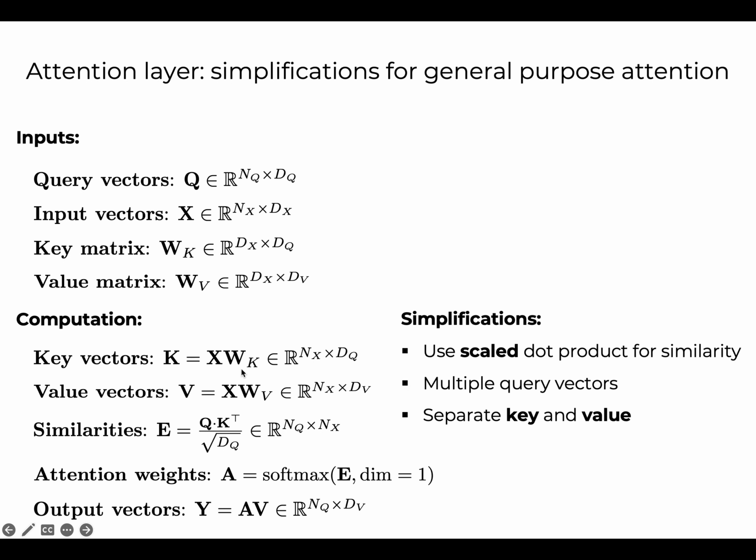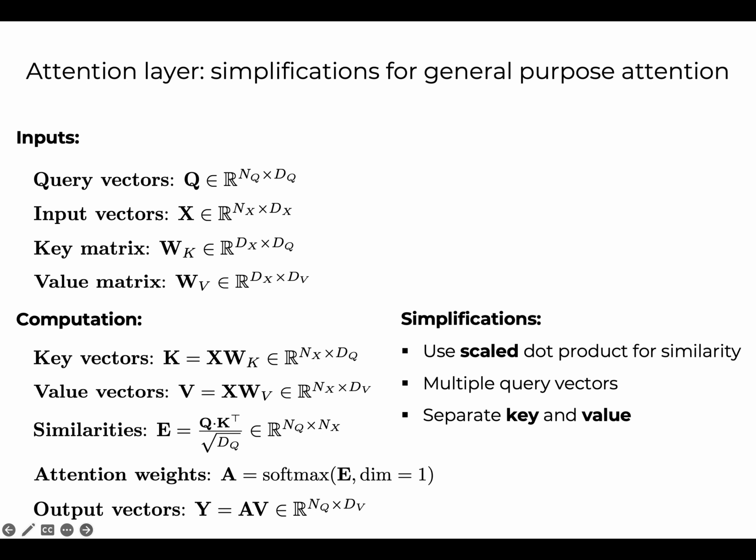So the key matrix transforms the input vectors into the keys, k, and the value matrix transforms the input vectors x into the value vectors, v. And now in the computation, we use these two things in two different places. So when we're computing the similarities, we use the keys, and when we're computing the outputs, we use the values.